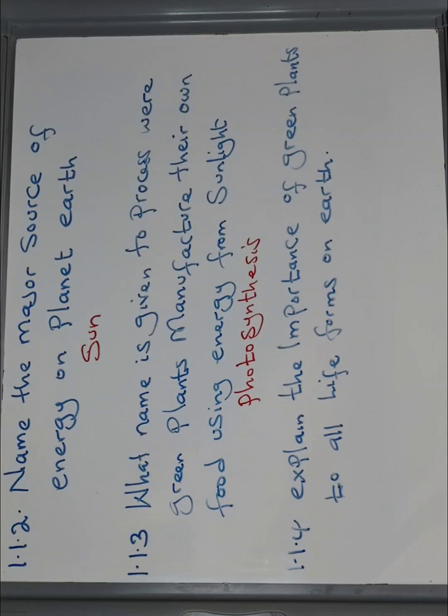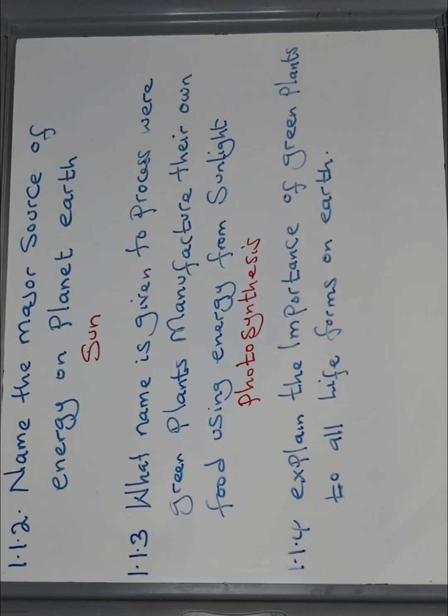The rest of the organisms lack that ability. I repeat, green plants are the only organisms which have the capability to use this energy from the sun to make food. And that food manufactured by green plants is the source of food for all organisms, including those which are not feeding on plants directly.